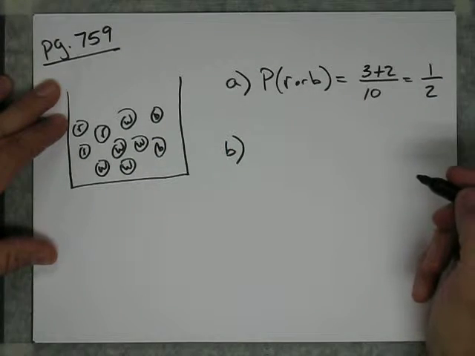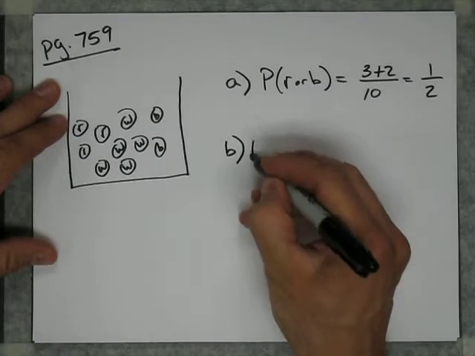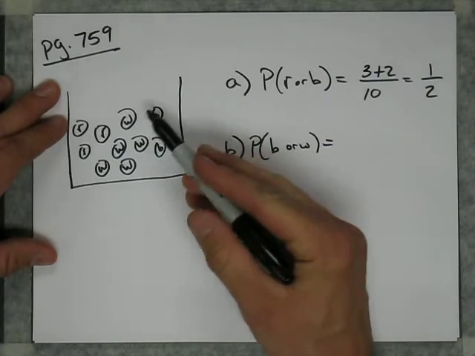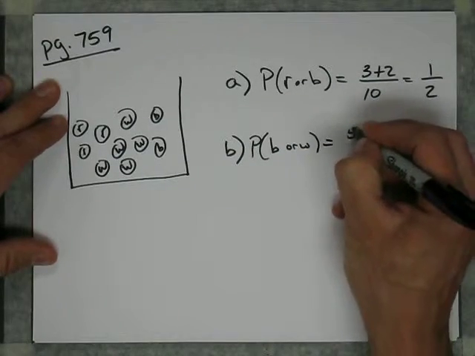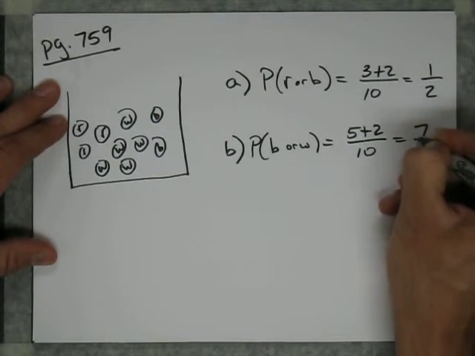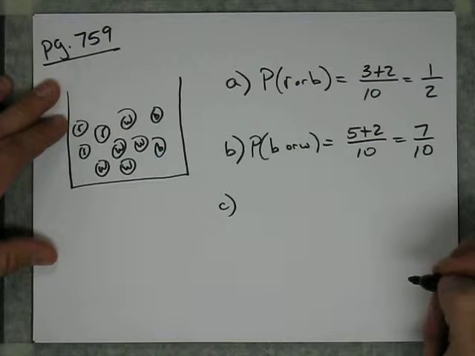B says a blue or white marble is drawn. So the probability of blue or white is equal to 2 blues plus 5 whites over 10, which is 7 over 10. And then C says a red, white, or blue marble is drawn.